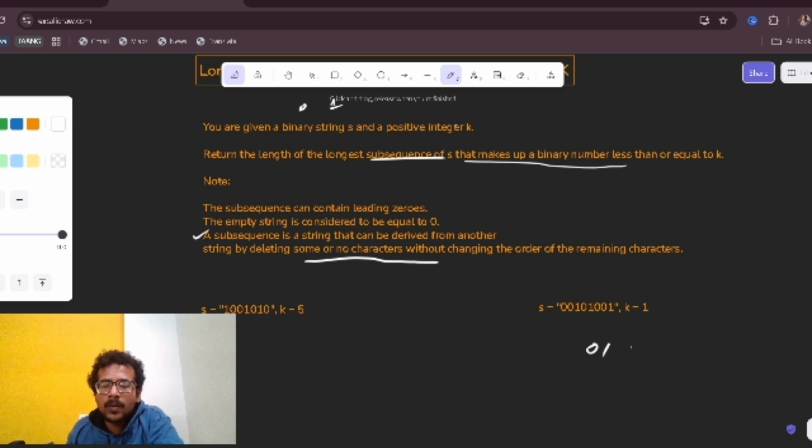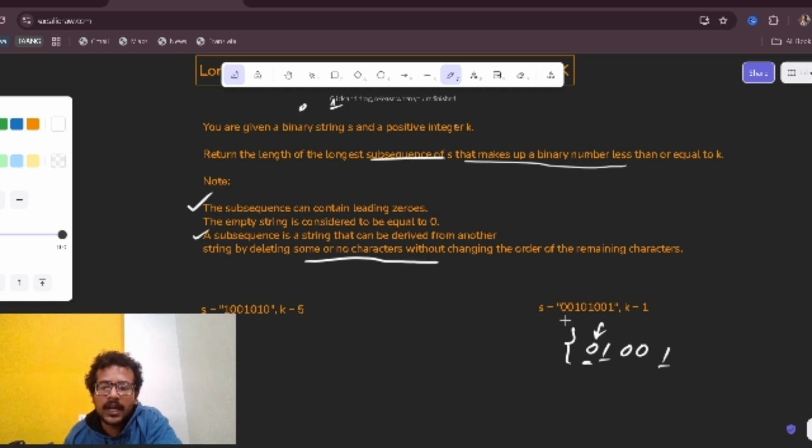Now 0 1 0 0 1 makes some binary number. Like here, it would make 1, 2, 4, 8, so 8 plus 1 is 9. And they said that the subsequence can contain leading zeros. That means this subsequence has a leading zero, but it is not any problem for this question.